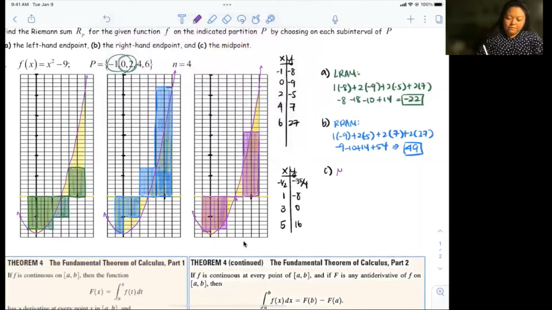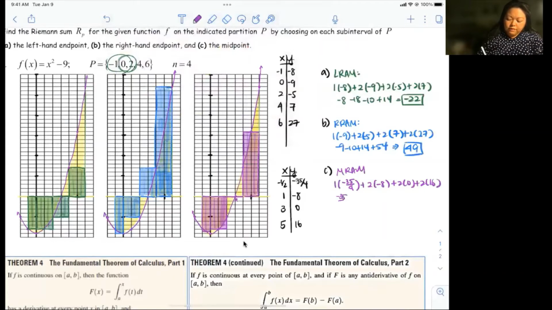Okay, how about MRAM? So, oops, too many M's, apologies. All right, MRAM, width of 1 times the height of -35 over 4, and then width of 2 times -8, width of 2 times 0. We don't really need that, but I'm putting it there so you can see it's not gone.